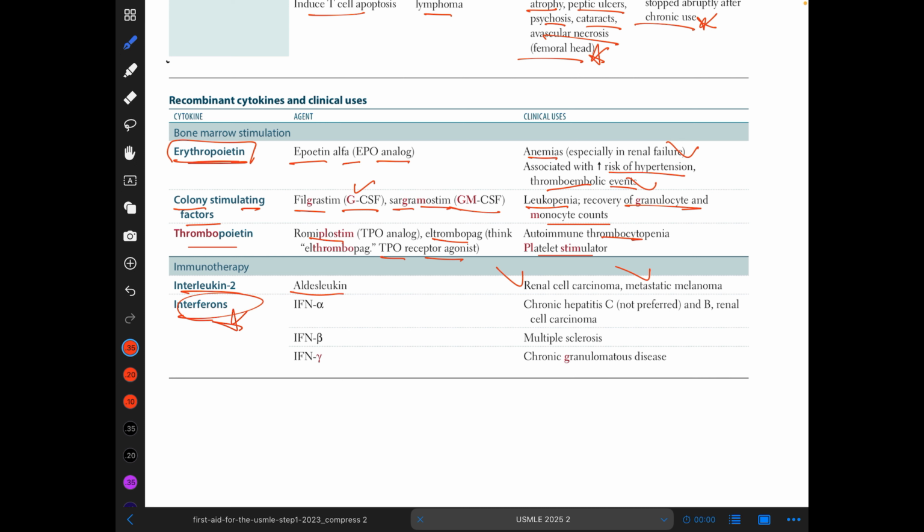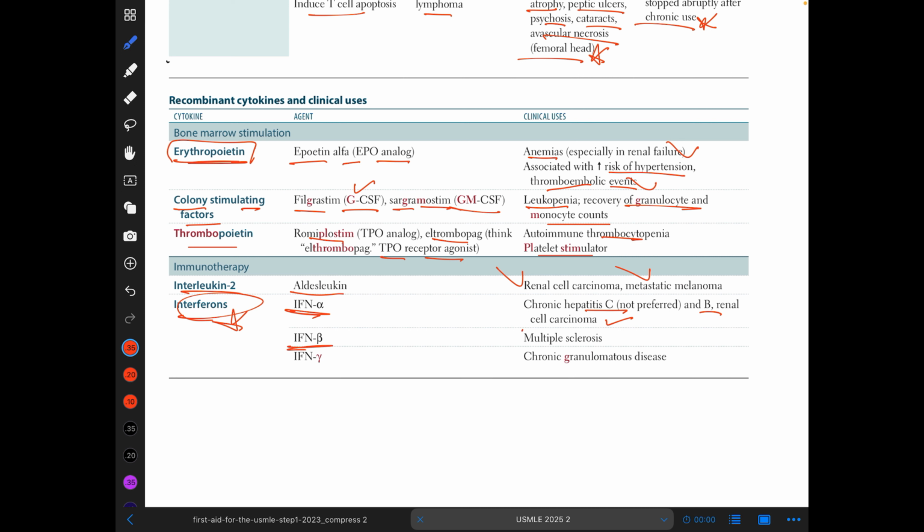This topic we already did in a previous topic, interferons. Interferon alpha is mostly given to patients with chronic hepatitis C and B and renal cell carcinoma. But now we are not preferring interferon due to its side effects, though in previous years we were giving interferons.